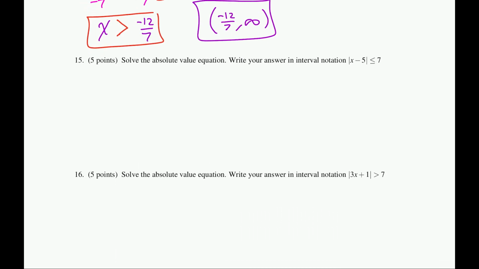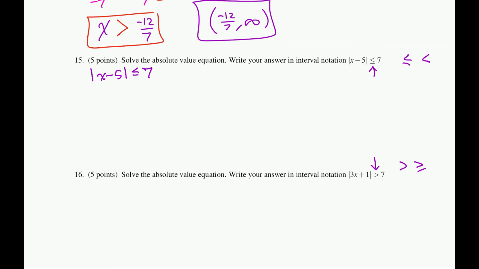Next, we're moving on to absolute value equations, the last thing here. The big thing about these absolute value equations is to remember that the direction of this symbol means a lot. If it's this or this, you do one thing, and if it's this or this, you do another thing. So with that said, let's get started here. We have the absolute value of x minus 5 less than or equal to 7.